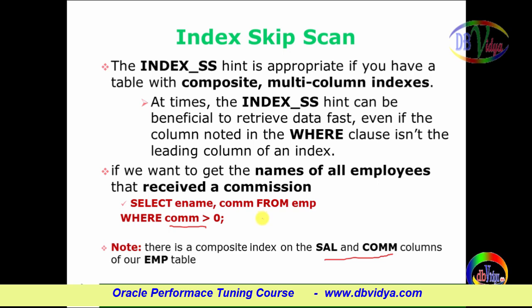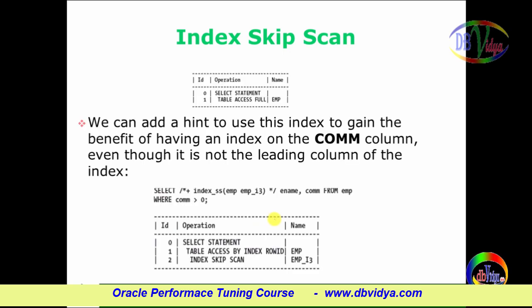It is called index skip scan. If you want to force it, this is the hint, INDEX_SS(EMP). If it is supposed to be used but is not being used, we will use this hint, INDEX_SS.